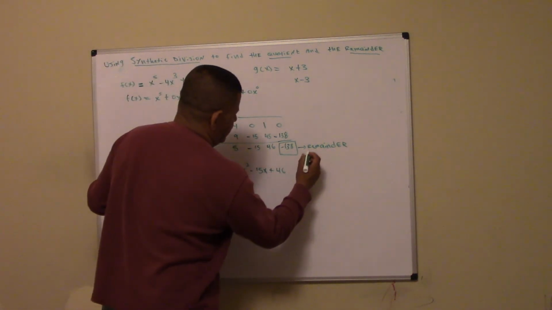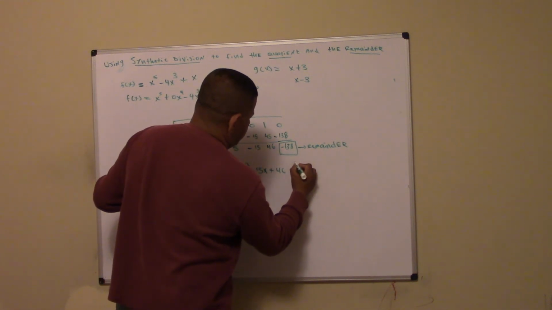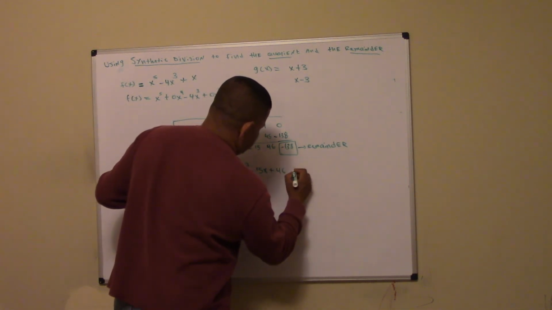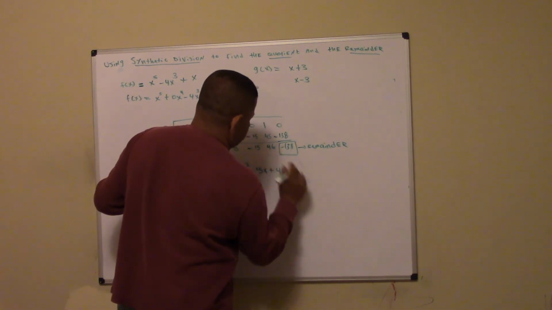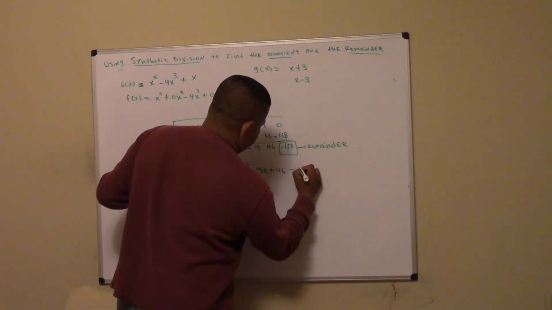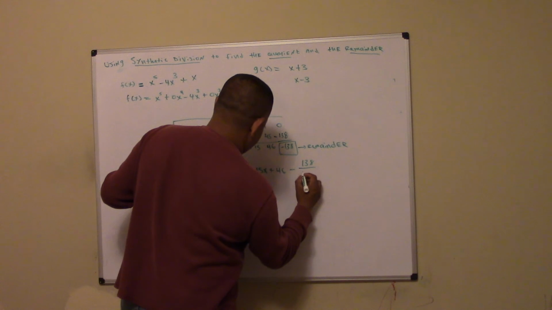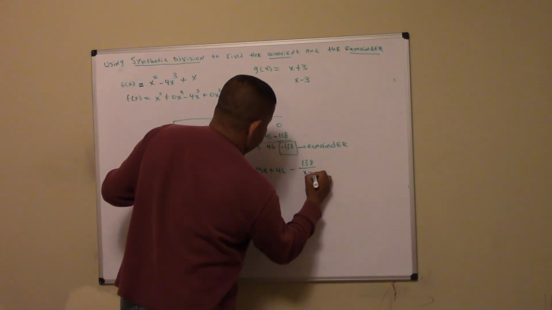And the remainder is negative 138. So this can be written like this, because it's negative 138 over x plus 3.